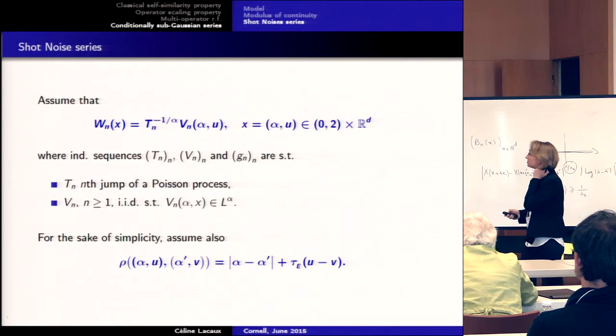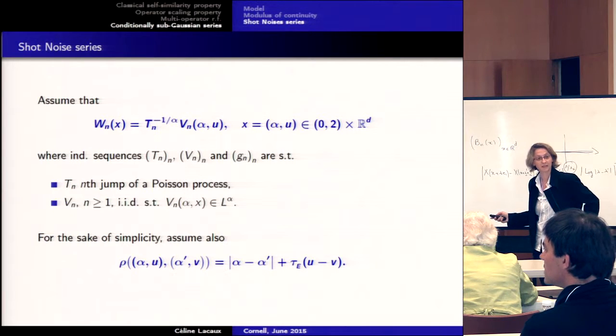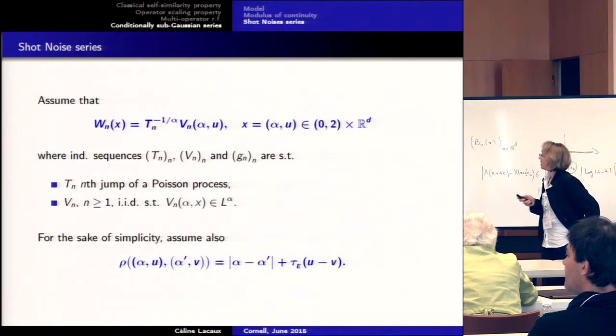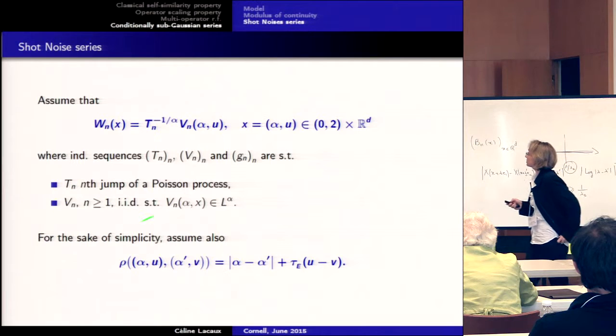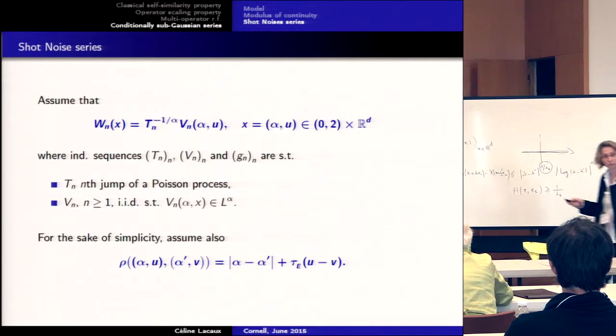And for the sake of simplicity, I choose this quasi-metric linked to the tau E I presented in the beginning. And of course, I think you see that for a special Vn, I will come back to the alpha stable process.